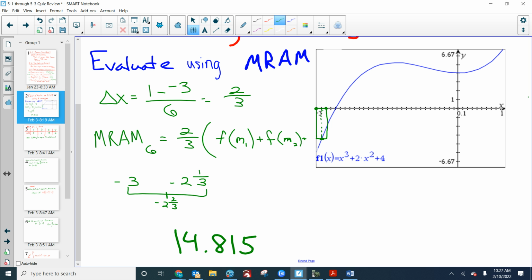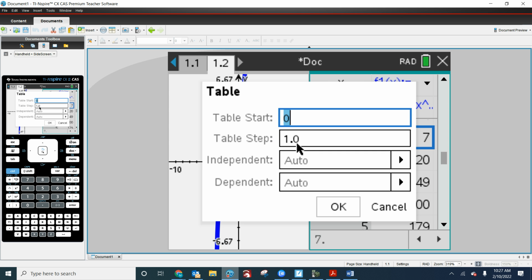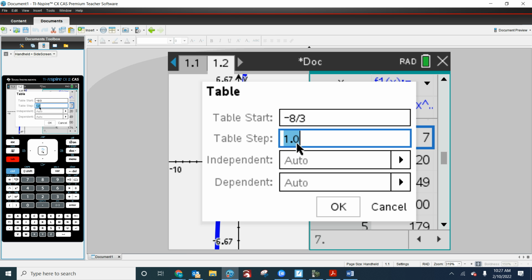How are we going to put that in the calculator? It'll recognize improper fractions. So what is that as an improper fraction? -8/3. Okay. Let me double check, just to make sure. -8/3. And we're going to step by, what did we decide? 2/3, because that's our delta x.